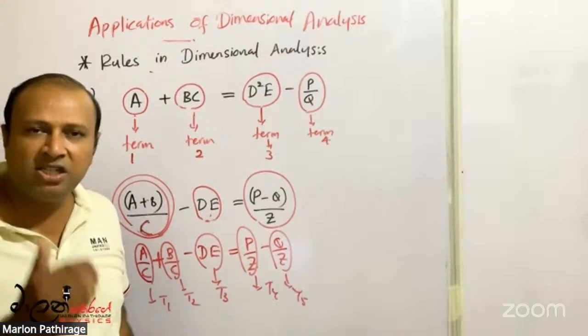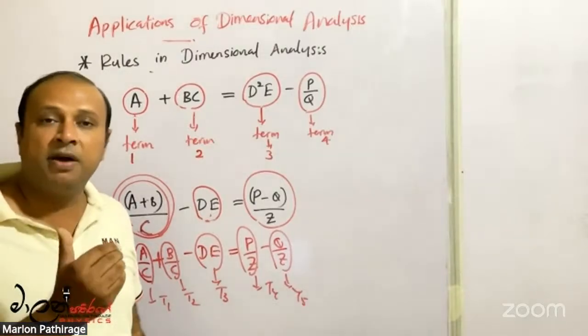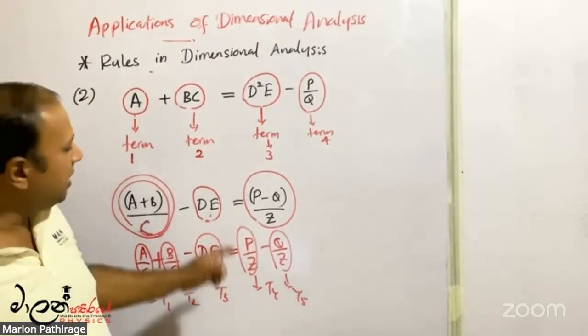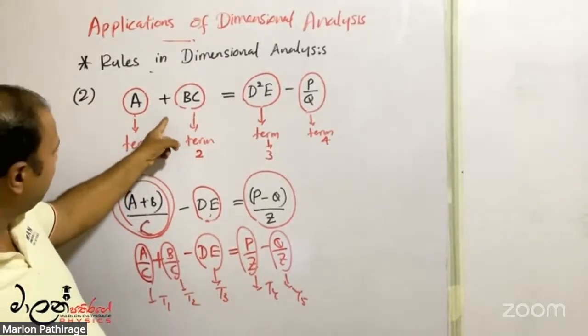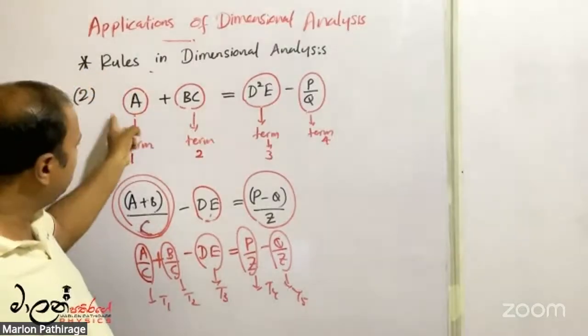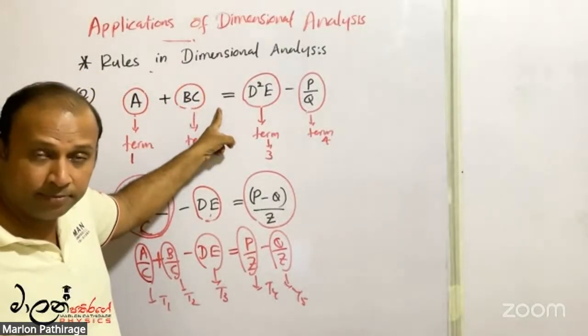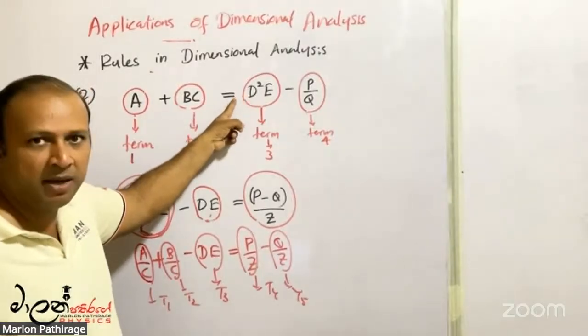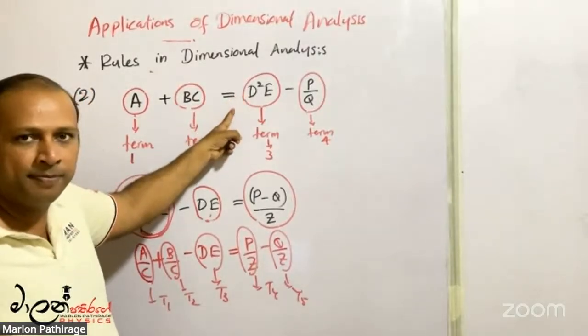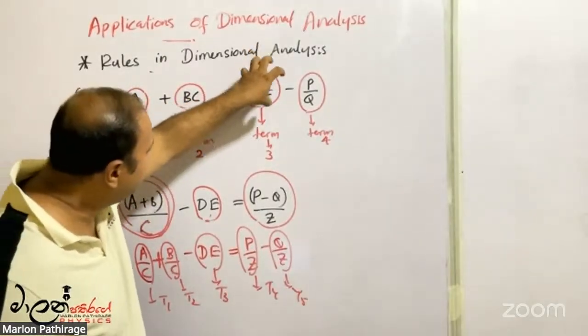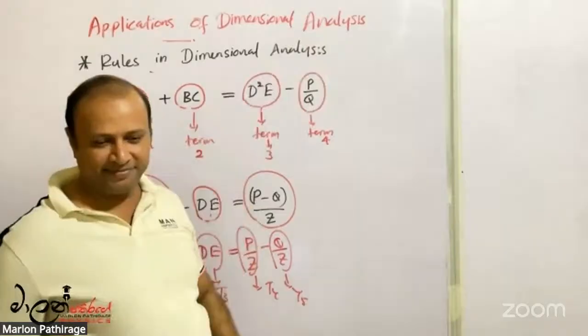Therefore, addition or subtraction can be done among two same physical quantities. If I apply that rule into this one, there's addition between them. Therefore, these two physical quantities should be equal. There's an equation mark in my mark. Therefore, that one should be equal to this one also, and this one also equal to this one.